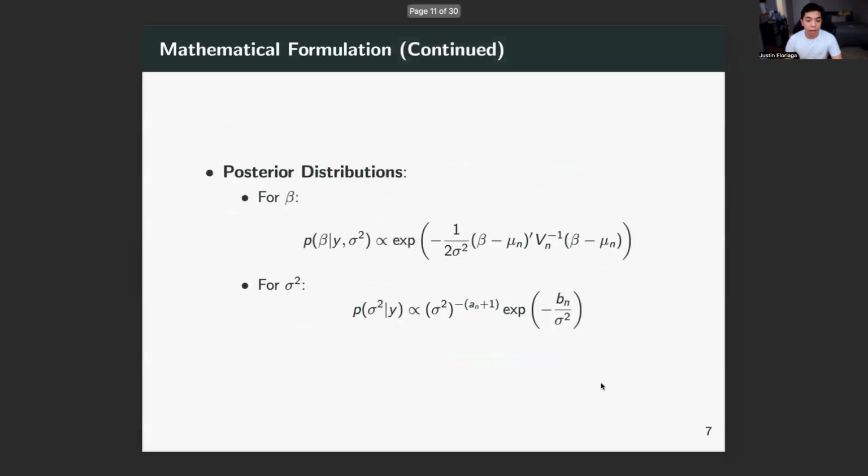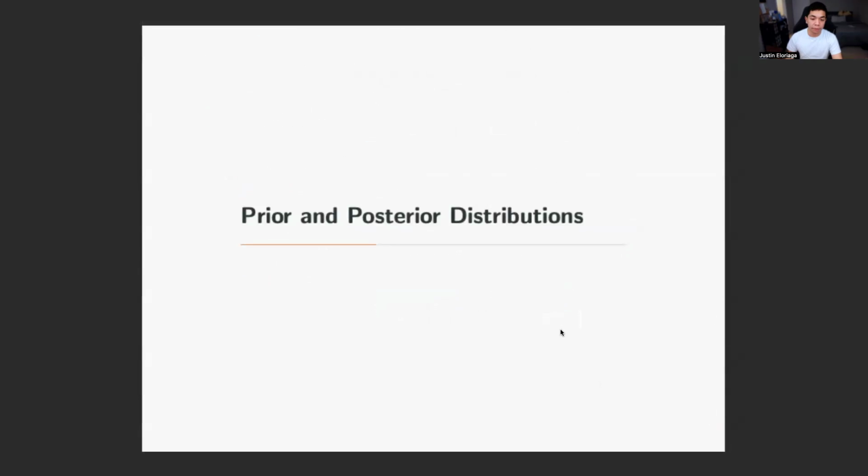And as I noted, to derive the posterior distributions, all you need to do is multiply these with the likelihood. Multiplying those things with the likelihood will give you these things. And what you'll notice is that the posteriors are now functions of both the new data coming in as well as the prior information that you've had. It's going to be some convex combination of the two.